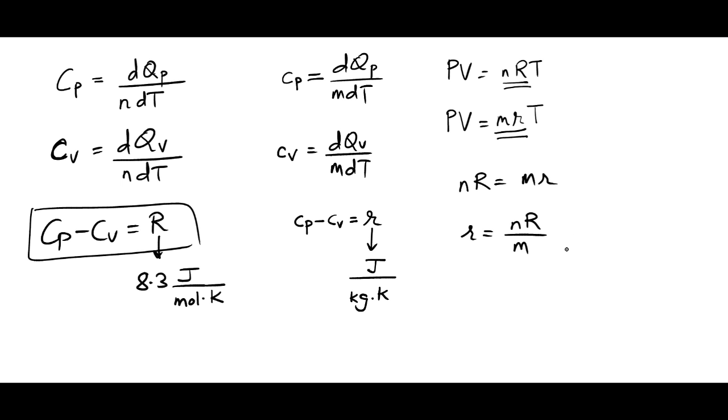Now let's go a bit deeper into this. The value of n is nothing but the mass of the gas in grams divided by the molecular weight. Well, that's going to be the mass of the gas in kilograms. Notice that this m is in kilograms. We are operating in the SI system.